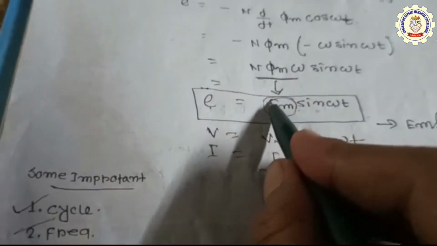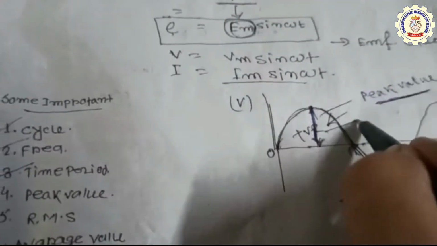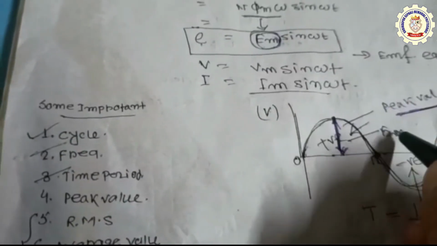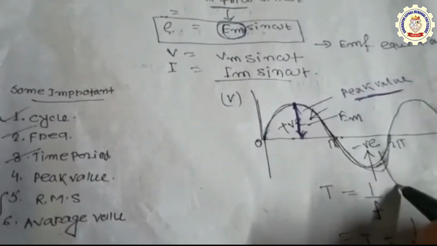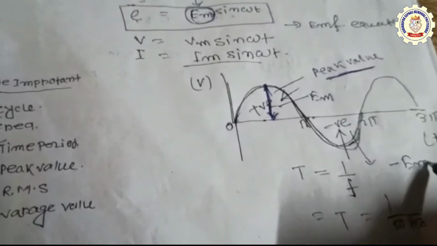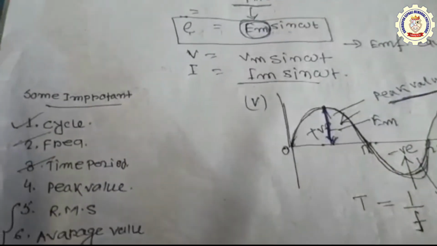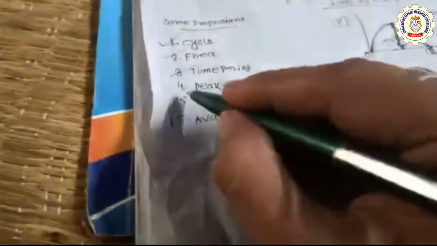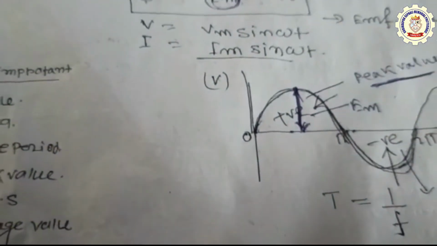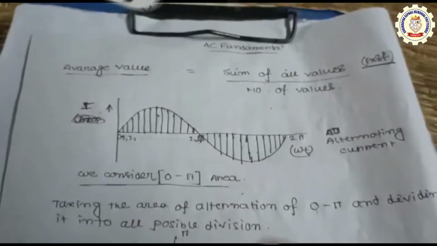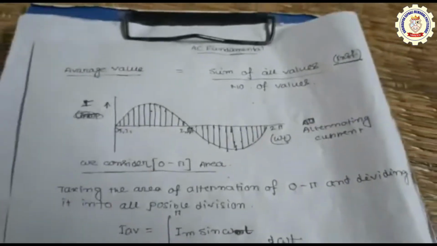Here this is the peak value. Okay, and it is the positive half cycle, so Em, and it is negative, so minus Em. Okay, understand?